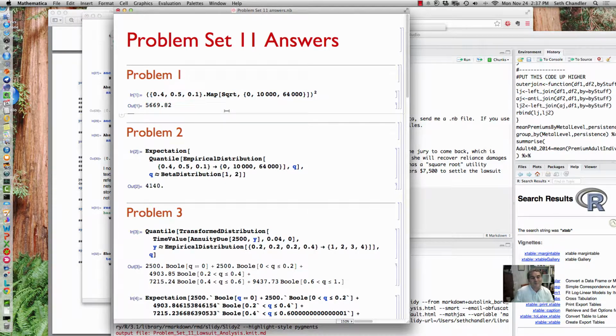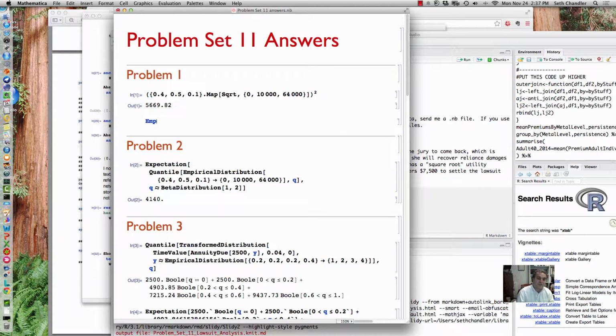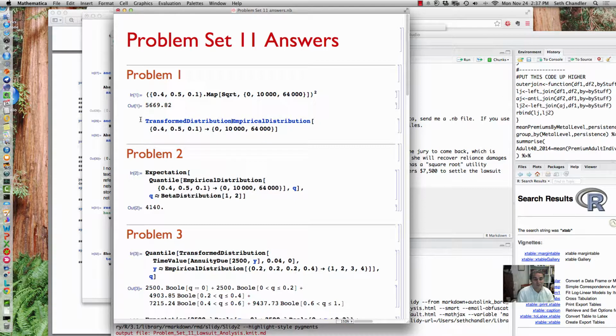Just as an alternate method, here's another way that one could do it. One could start with an empirical distribution in which the probabilities were 0.4, 0.5, and 0.1, and the outcomes were the corresponding trial outcomes. We could then transform that distribution according to her utility function.